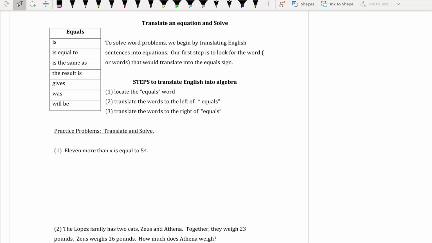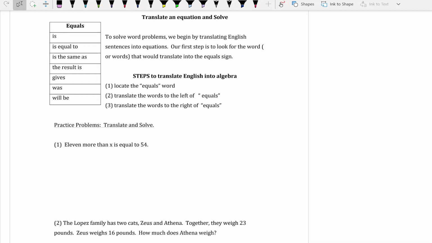Taking a look at number 1, we have 11 more than x is equal to 54. So that equals, remember we have is equal to. So that is going to represent your equals. So let's reread this side of the equation. 11 more than x. Well, that more than, that represents addition.